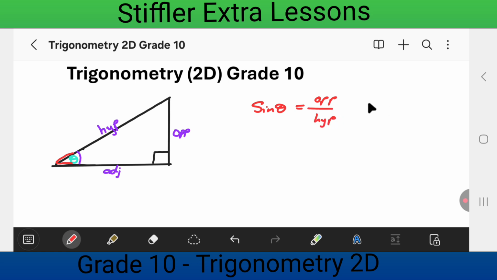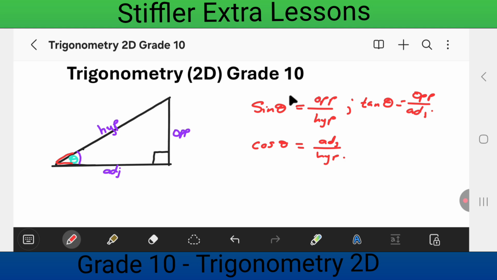And we also know that the tan of theta is equivalent to the opposite over the adjacent, right? So this is the adjacent, this line that is closest to the angle, and this other line, the longest line, is the hypotenuse.